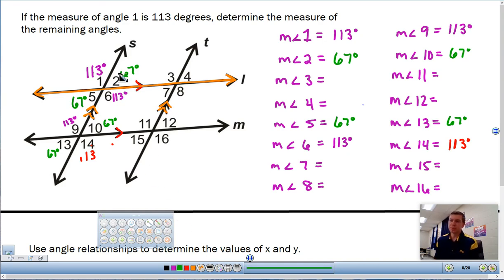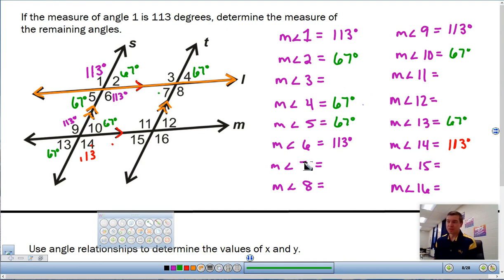What relationship does angle 2 have with angle 4? Those are corresponding. And we just learned that if the lines are parallel, cut by a transversal, corresponding angles will be congruent. So angle 4 is 67 degrees.